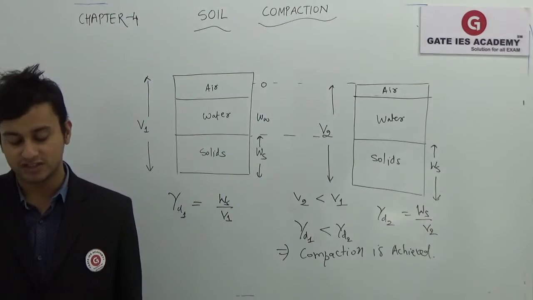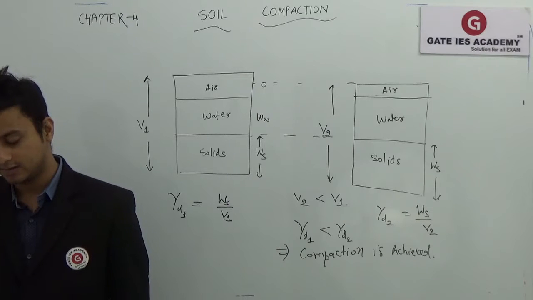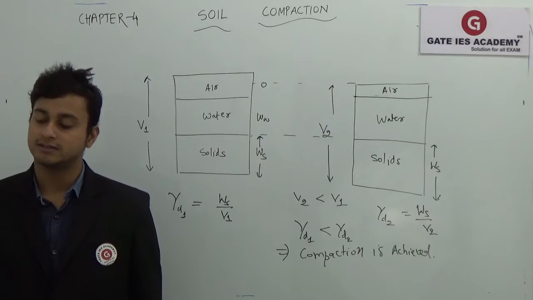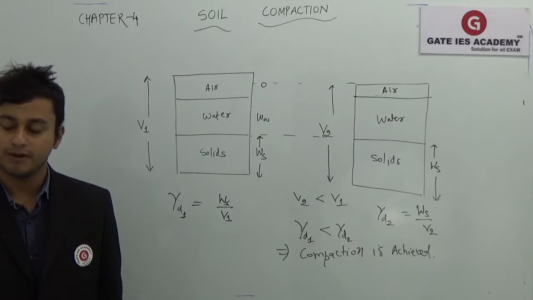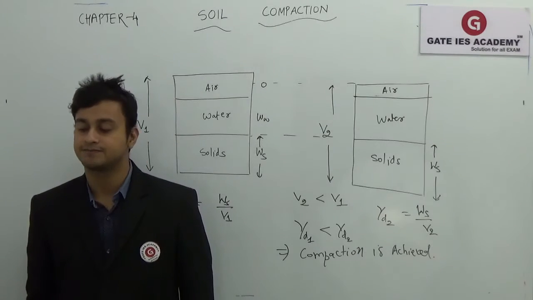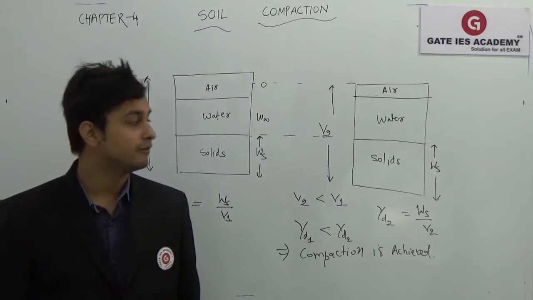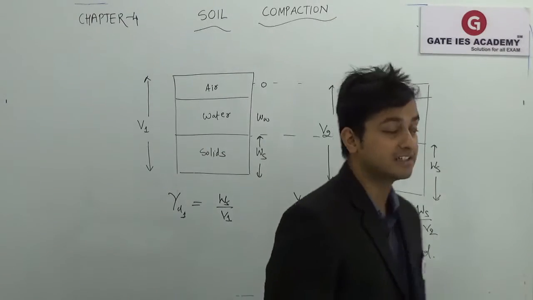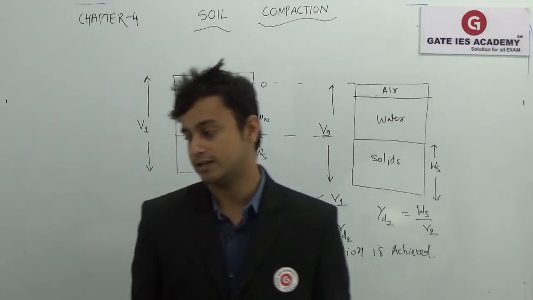Okay, compaction is quantitatively measured by the dry unit weight. Full stop. Because it is the dry unit weight which indicates the packing of the soil. Okay, I already told you, because it is the dry unit weight which indicates the packing of the soil.